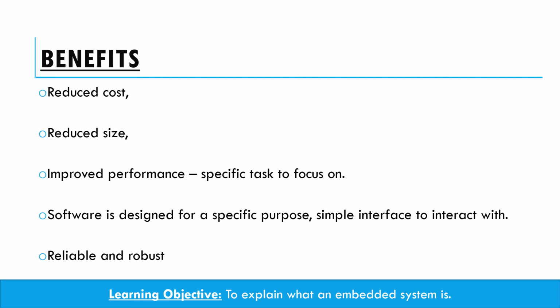With some embedded systems, such as your microwave, they don't need to have operations going on in the background, which essentially would lead to unnecessary drain on resources. Also, the software is designed for very specific purposes in the embedded system, and they will come with very simple interfaces for people to interact with. They're also very reliable and robust, as there are very few things that can go wrong with them.